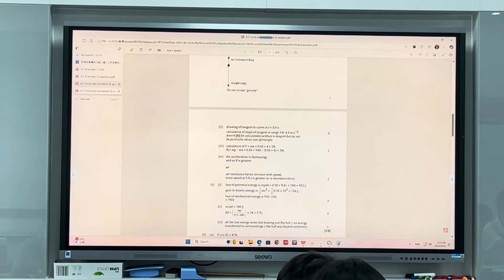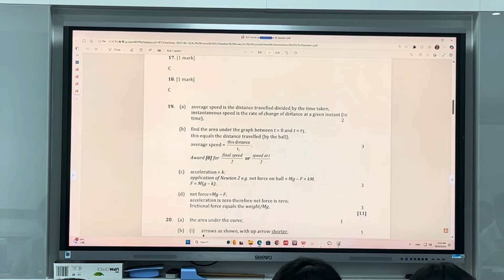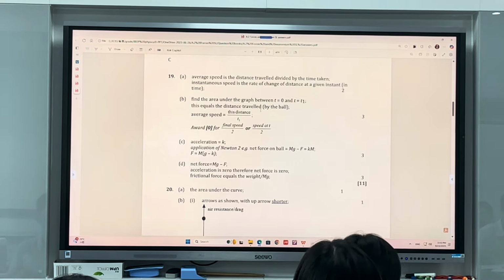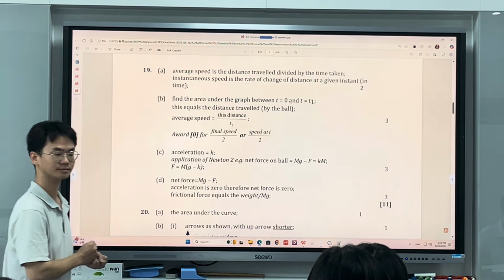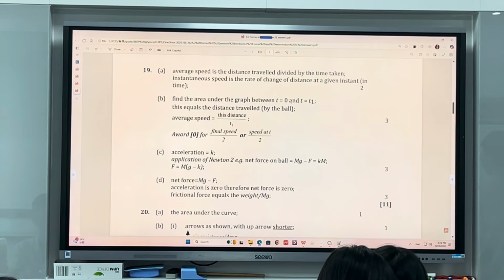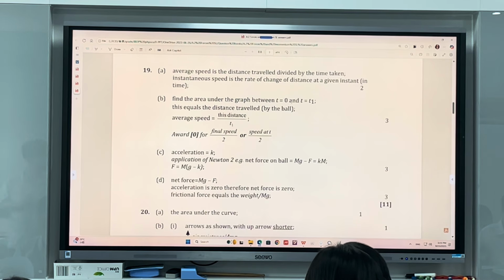还有哪些题？我可以把答案给你们看一看啊。这是 20 题的答案要看啊，19 题的答案。自己看吧。Power, you don't have to care about it. Yeah, power don't care.